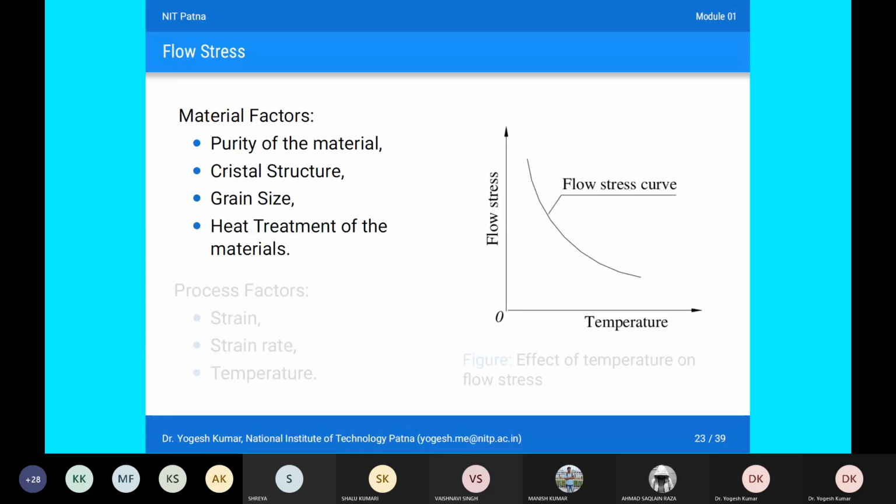Whether it increases or decreases, we will discuss in coming classes. Then crystal structure, grain size, then heat treatment. These are the material factors which affect your flow stress. Heat treatment means whether the material is heat treated or not, that is, whether the material is annealed or not.